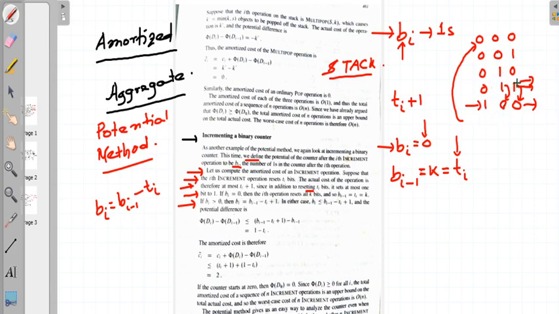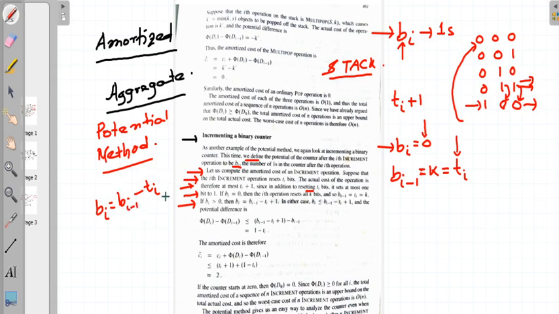That means the number of ones will be decreasing by t_i. Okay, so those many ones will be decreasing because we are resetting those many ones. So we have to subtract from b_{i-1} what was there. That means t_i number of ones will be reset. Okay, so those many ones will be decremented from b_{i-1}.